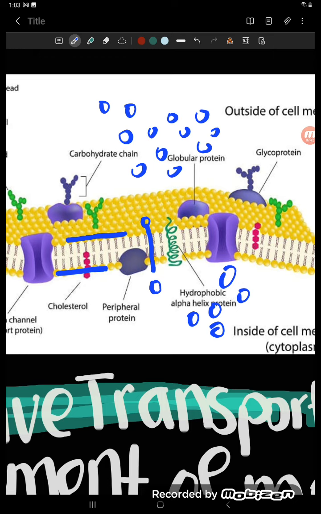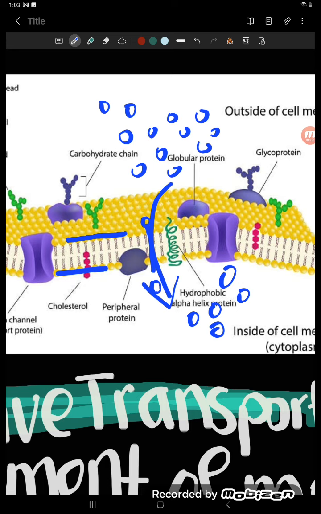If you take a look at the outside and inside of the cell, there's a concentration gradient because the outside has more than the inside. So the carbon dioxide molecules need to enter inside in order to be equal on both sides. That's what high concentration to low concentration means.